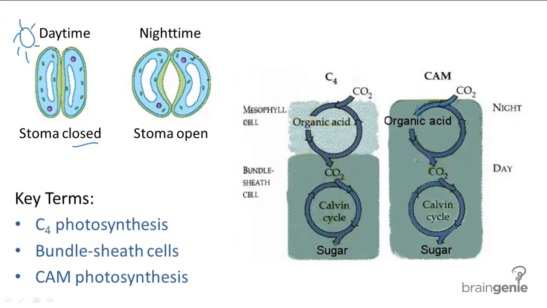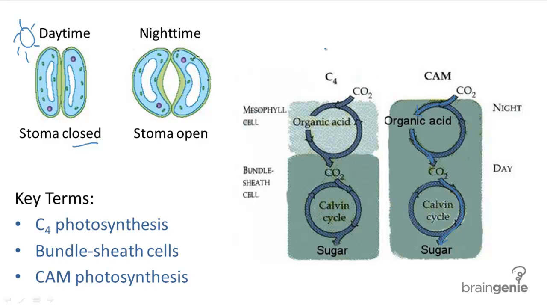Rather, it's because this incorporation of CO2 is happening during the nighttime, and the plant needs to find some way to store the CO2 until the daytime, because only in the day is there light for the light reactions to produce the appropriate products for the Calvin cycle so that the Calvin cycle can occur. So at night, the CO2 will enter in, convert into organic acid, store itself overnight, and then during the day convert back into CO2 for the Calvin cycle to use when there is light.